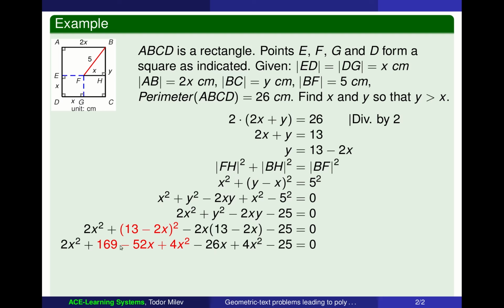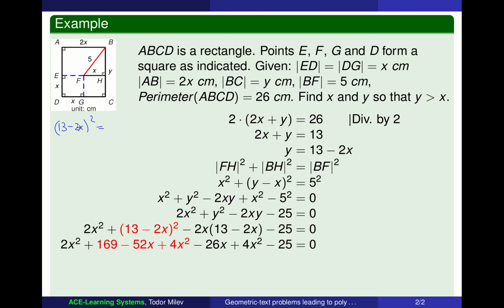The parentheses uncovering is already worked out for us, but let's do the work. Let's show that the work in the slide is correct. So let's uncover the parentheses for 13 minus 2x, the whole thing squared. So the slide claims that that's 169 minus 52x plus 4x squared, but let's see if that indeed is the case.